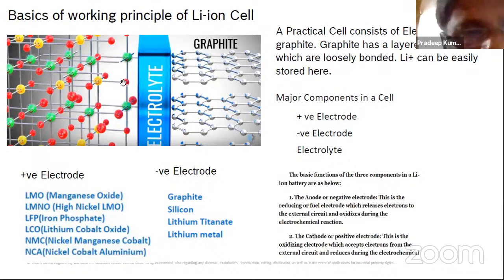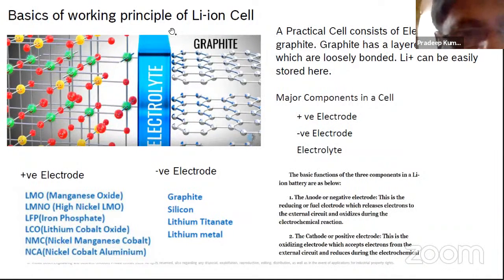And when the entire lithium ion has moved from the left side to the right side, we can say that the battery is nearly discharged. Now you have to charge it. When you are charging, you apply a battery here, with the positive terminal connected here and the negative terminal connected here.